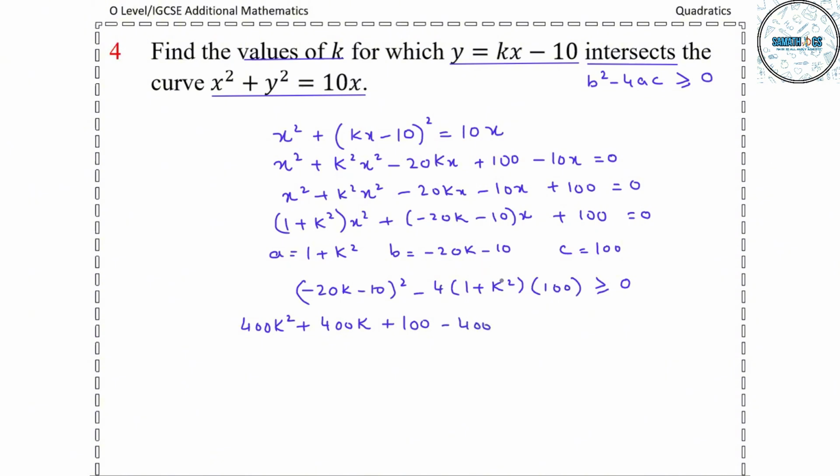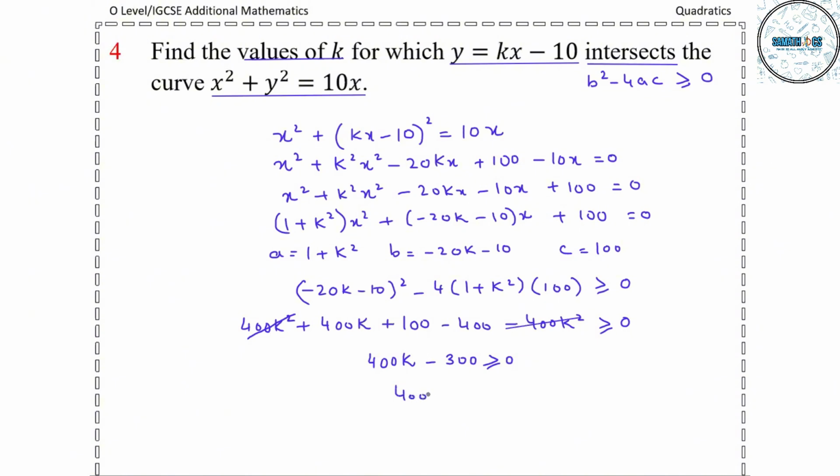Minus 4 multiplied by k square multiplied by 100 is minus 400k square, which is greater than or equal to 0. 400k square and minus 400k square cancel out, and we are left with 400k minus 300 is greater than or equal to 0.